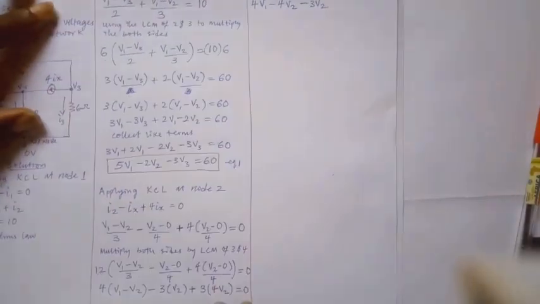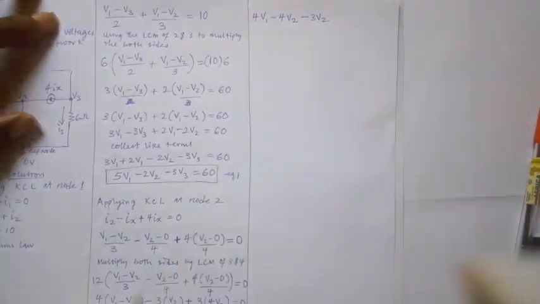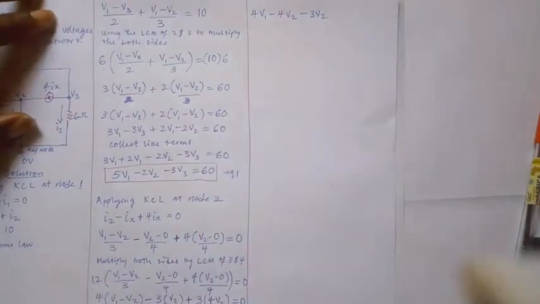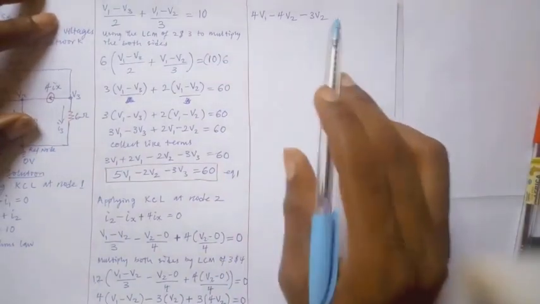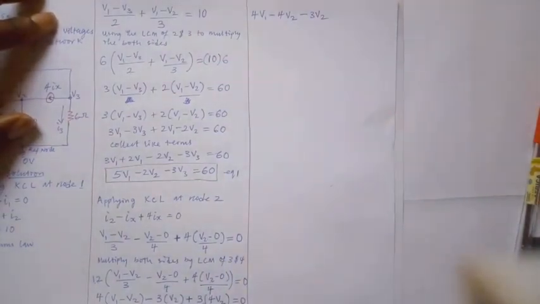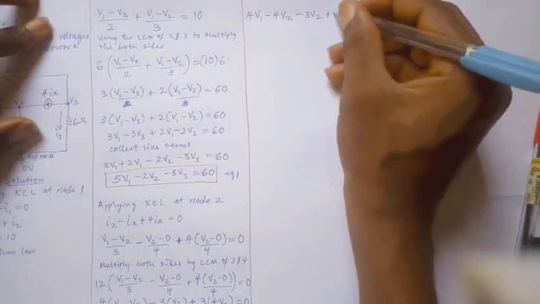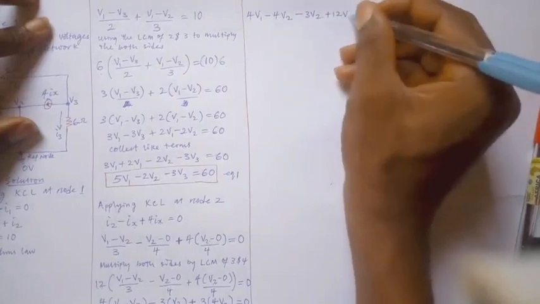I'm talking about this 4 times V1, 4 V1, 4 times V2 minus 4 V2, minus 3 times V2, minus 3 V2, and plus 3 times 4 V2. It will give us plus 12 V2.